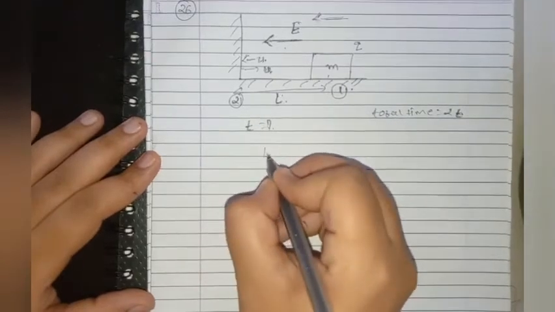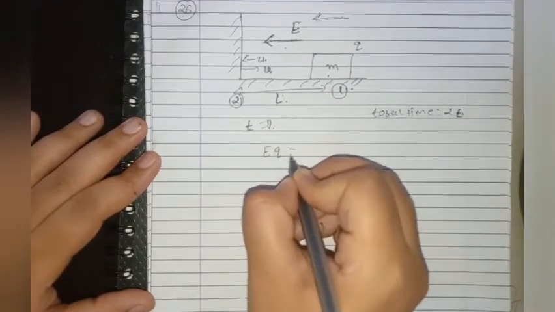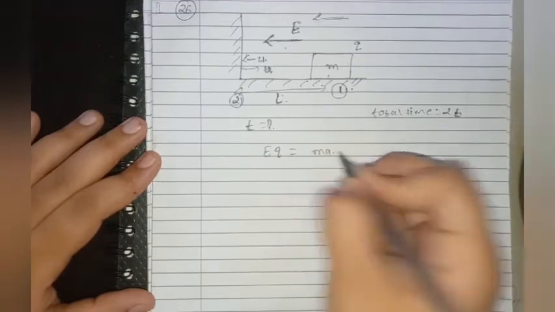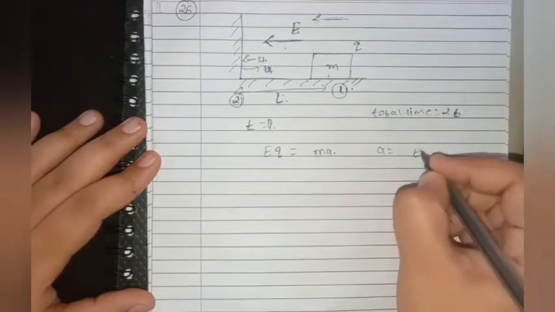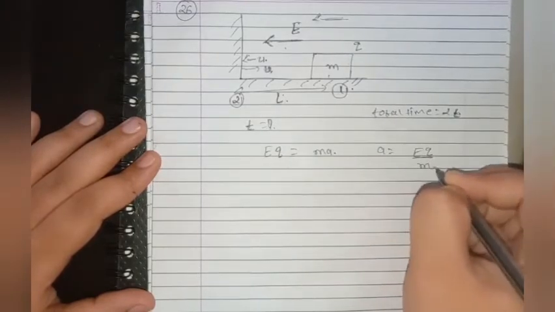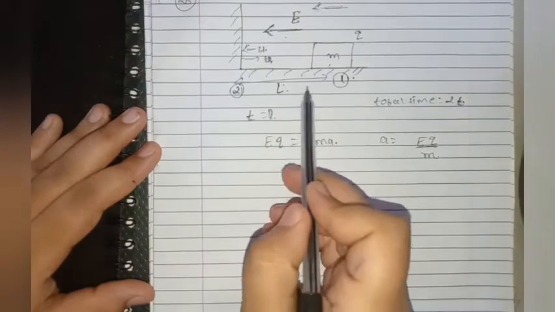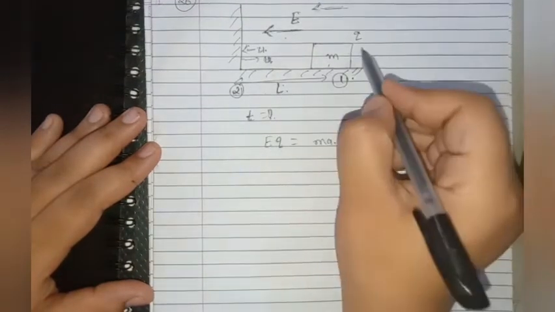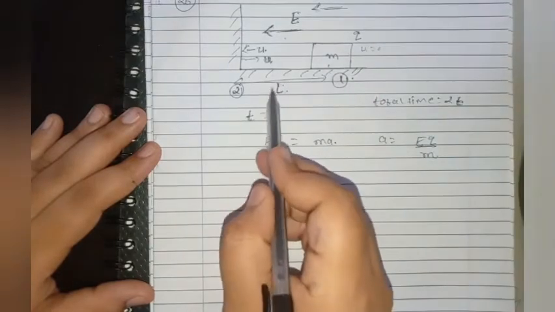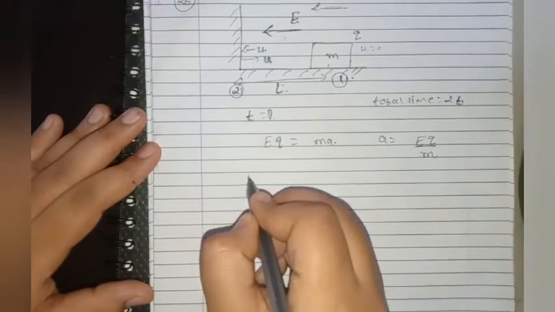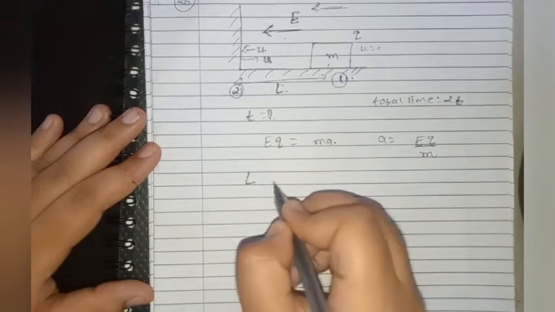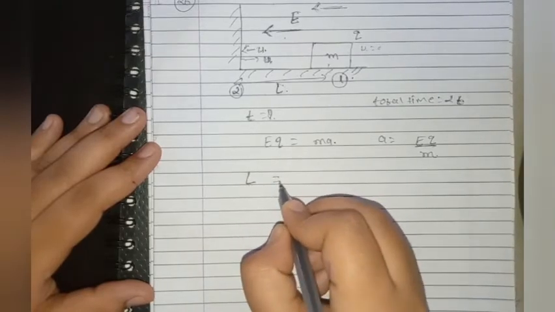The force acting will be EQ equals MA. So acceleration will be EQ by M. So the time taken by it, starting from rest, to move a distance of L will be, using the second equation of motion, L equals ut plus half at square.